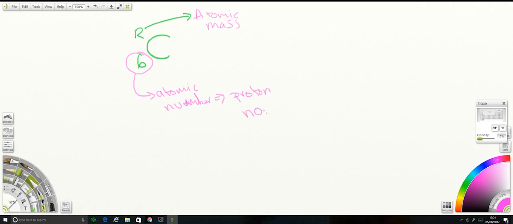I like calling it the proton number, for obvious reasons, as you'll find out now. If you think about this logically, it does make sense. The atomic mass is the biggest number because it contains all the mass. And the atomic number, aka the proton number, shows you the number of protons.